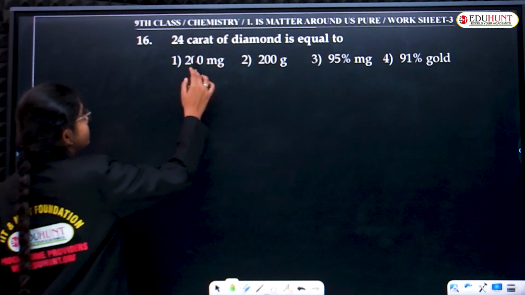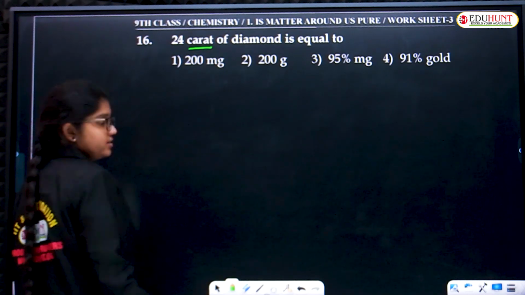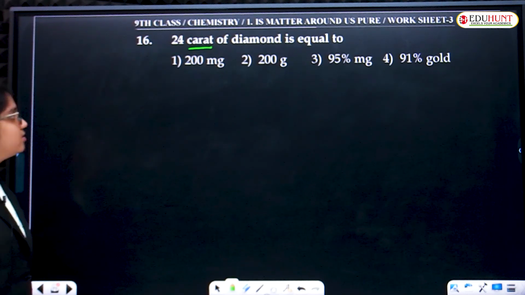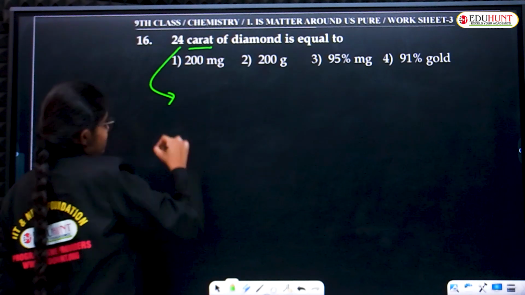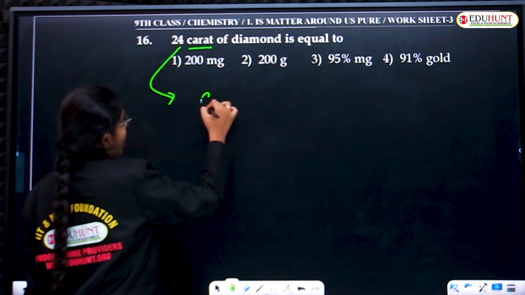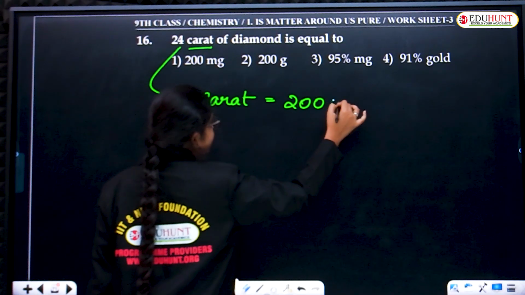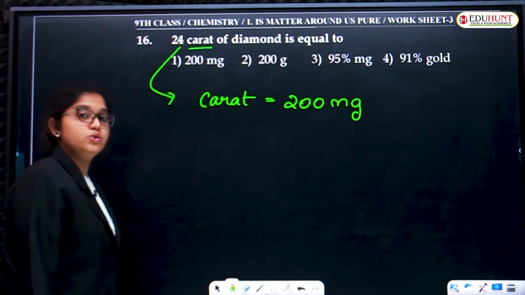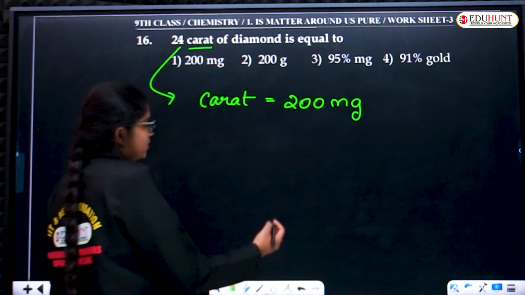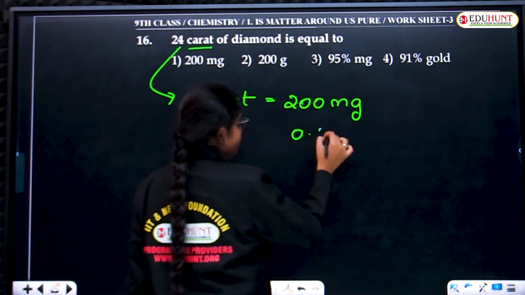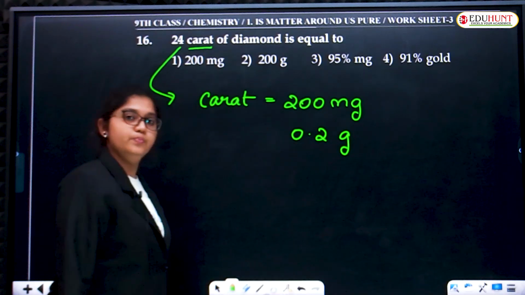Children, here there is a word carat, right? C-A-R-A-T. This is a direct concept-wise question, okay? So, 1 carat is equal to 200 milligrams. How much, children? 200 milligrams, or we can also say it is 0.2 grams. You know the calculation, no? Yes.